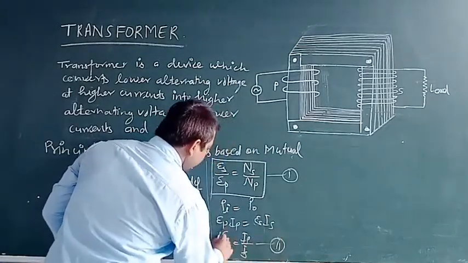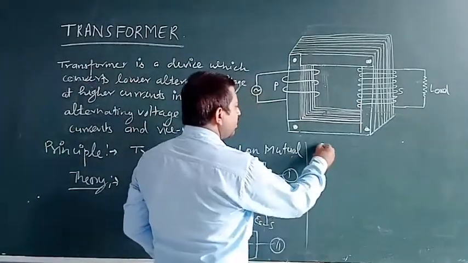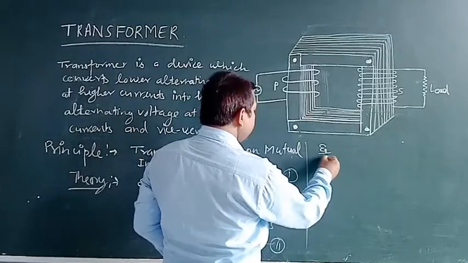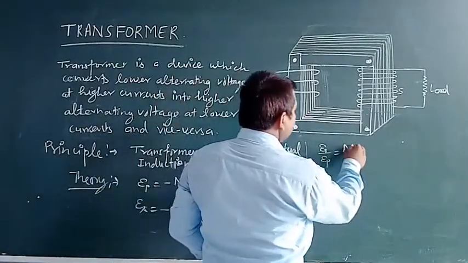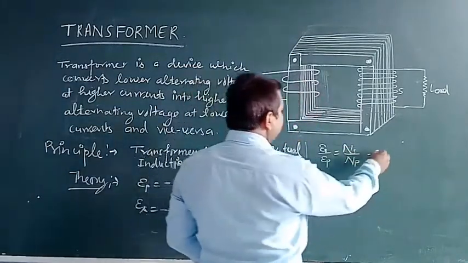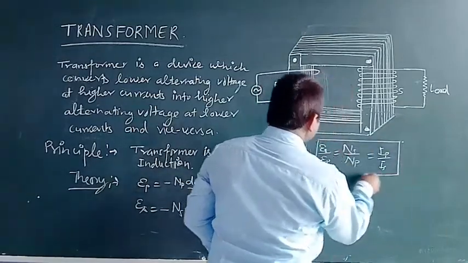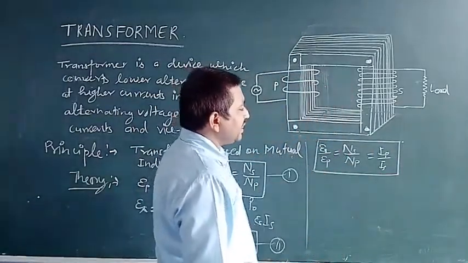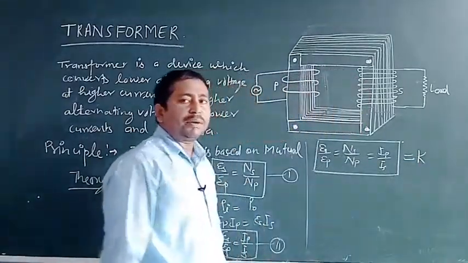So from first and second we can write it as ES by EP is equal to NS by NP is equal to IP by IS. So we can write it as K, the transformation ratio.